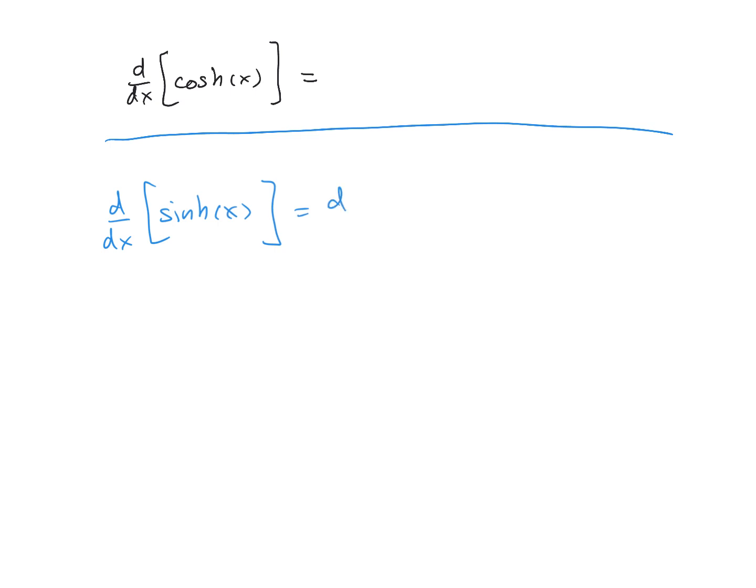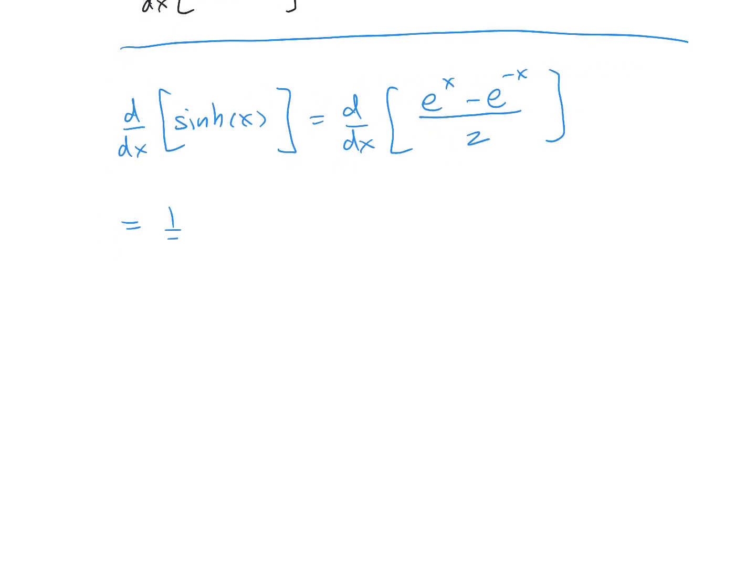By definition, that is the derivative of (e^x − e^(−x))/2. And we know that this is the same thing as 1/2 of the derivative of just the difference of those two exponential functions. And we know that the derivative of e^x is just itself.